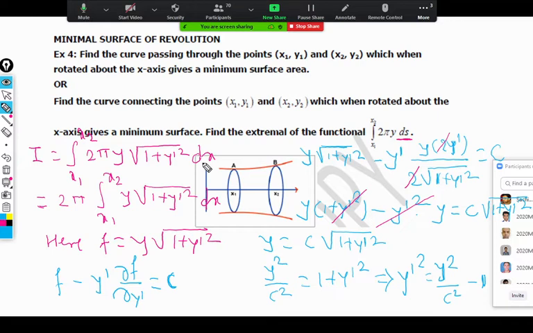When you revolve some curve around the x-axis and you want the surface area, the formula is the integral from x1 to x2 of 2 pi y ds. That is the formula for surface area, and out of that, ds is the small arc length, given by root of 1 plus y dash square into dx. So indirectly, we have to minimize this integral so that f should satisfy Euler's equation. So we are solving that Euler's equation here.